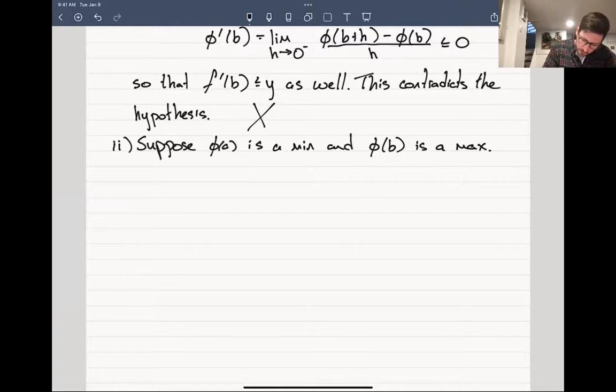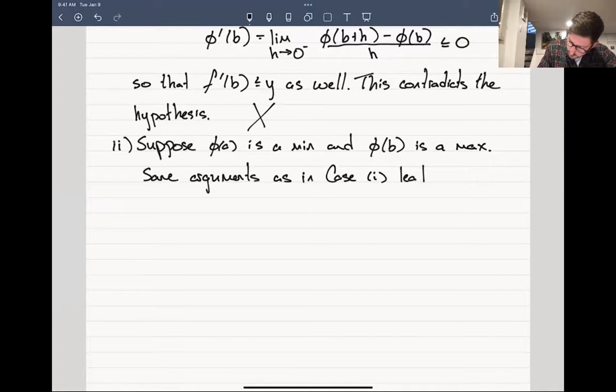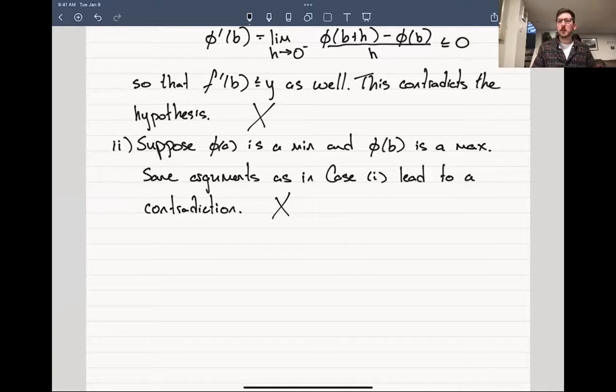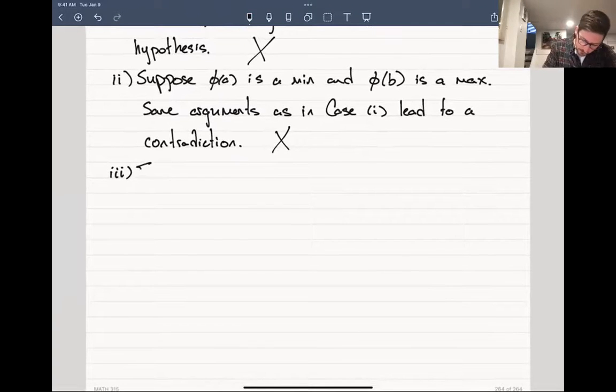So the same arguments as in case 1 lead to a contradiction. All right, that one's out too. No good. Final case.